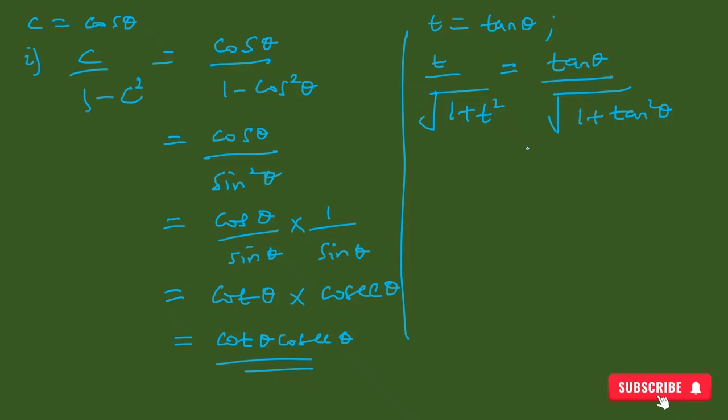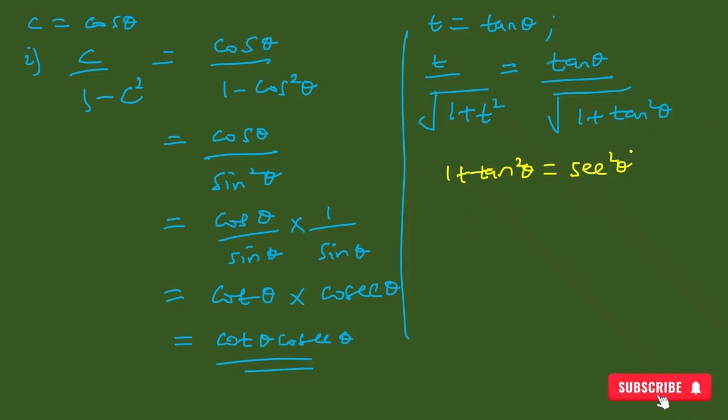Now, going back to our identities, there is an identity that relates tan and sec, and we see that 1 plus tan squared theta is equal to sec squared theta. So where we have this, we put sec squared theta.